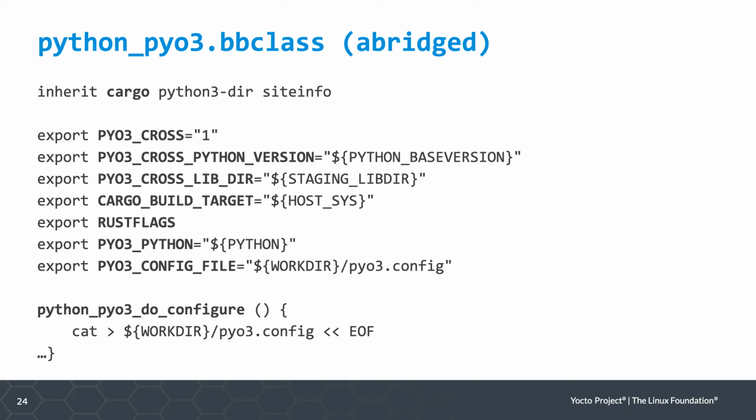So the things that the pyo3 class does, it inherits the cargo class, and it sets these different variables that basically are needed to tell the Rust tooling how to build Rust for native or for target. And it basically has a do_configure that writes out some special stuff into a config file that we pass into PyO3 as it's being built. Go ahead.